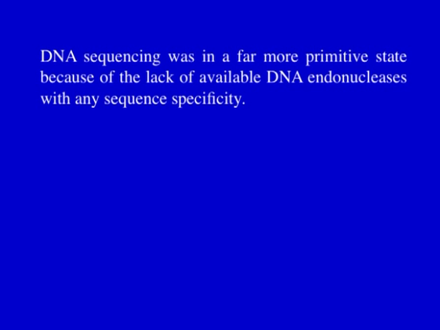Now, in contrast to RNA sequencing, DNA sequencing was in a far more primitive state because of the lack of available DNA endonucleases with any sequence specificity. The first complete genome sequence determined was of the gram negative bacterium Haemophilus influenzae, reported in around 1995 by Craig Venter.